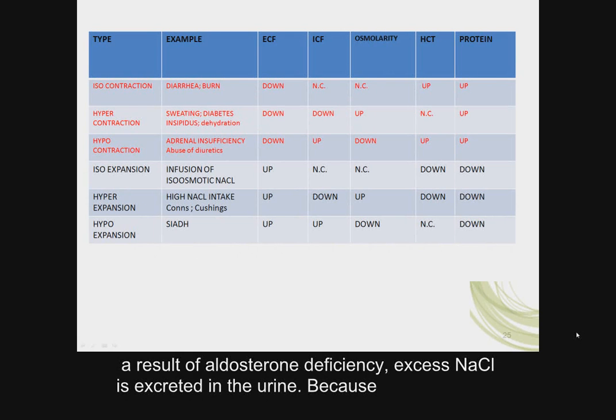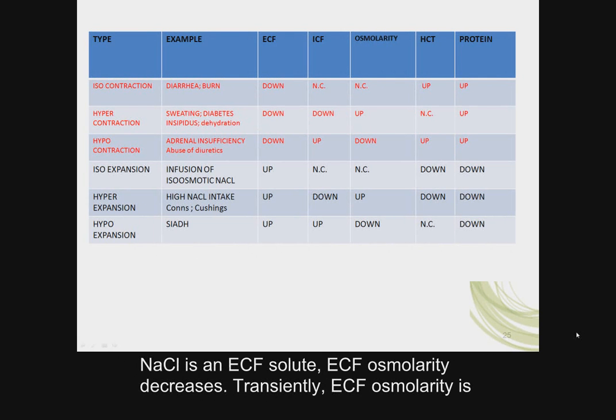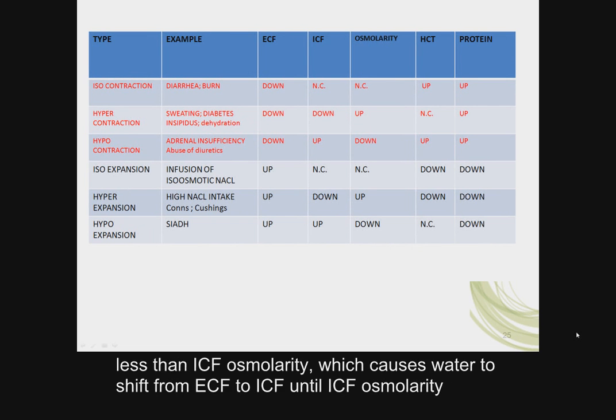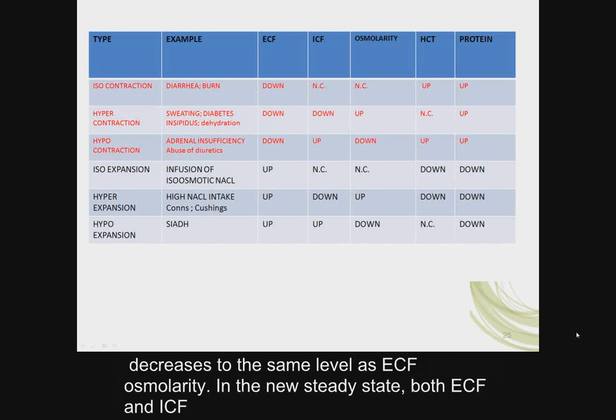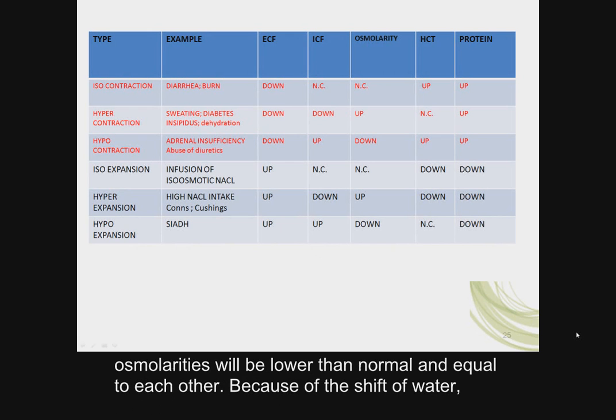As a result of aldosterone deficiency, excess sodium chloride is excreted in the urine. Because sodium chloride is an extracellular fluid solute, ECF osmolarity decreases. Transiently, ECF osmolarity is less than ICF osmolarity, which causes water to shift from the ECF to ICF until the ICF osmolarity decreases to the same level as the ECF osmolarity.